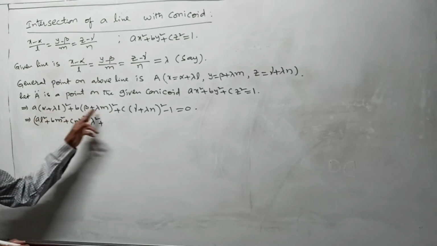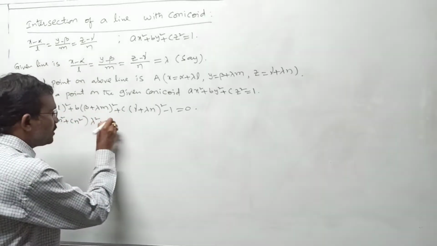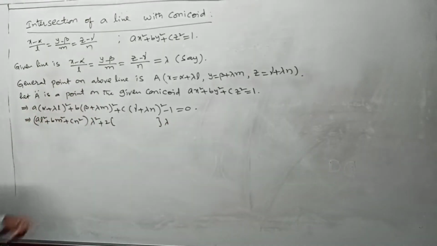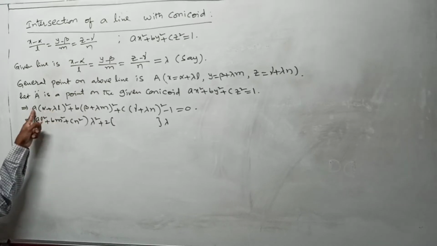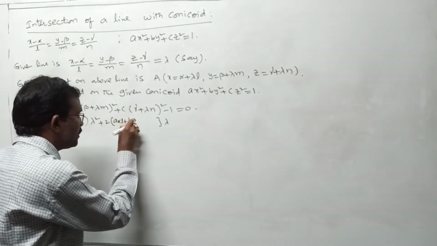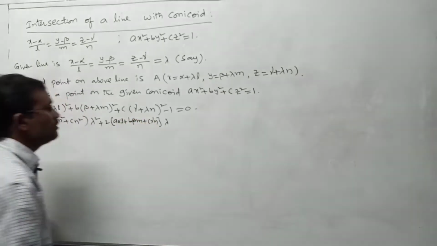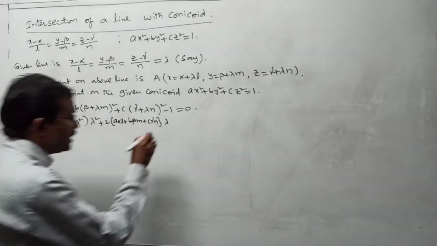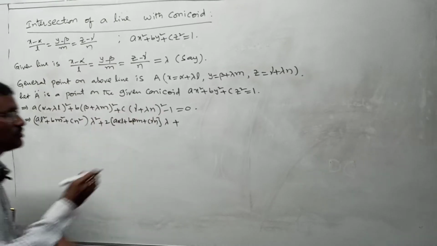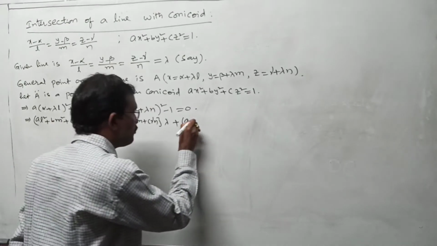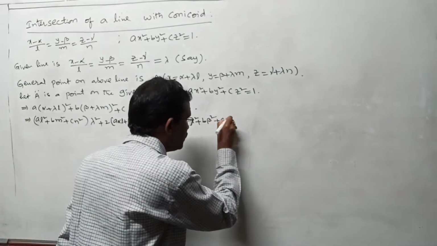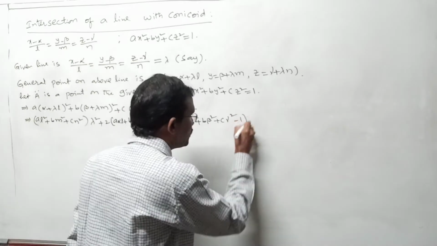Here the 2ab term gives the λ coefficient. 2 I am taking common, as well as λ also outside. So 2λ outside, (aαl + bβm + cγn), plus the term free from λ: aα² + bβ² + cγ² − 1, equal to 0.